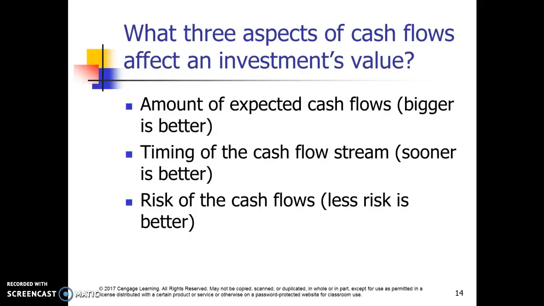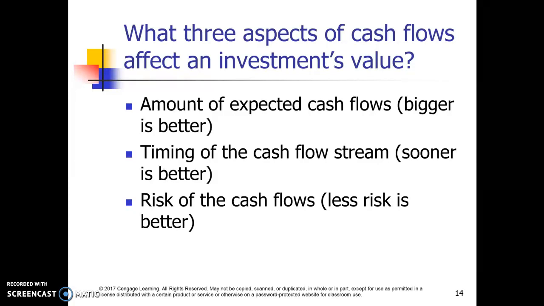All right. Now let's get into cash flow. What are 3 aspects of cash flows that affect an investment's value? Right. So basically, what parts of cash flow impact stock price would be another way to look at this. So the amount of expected cash flows: is it bigger, is it better? Are we selling more? Are we selling new things? Are we selling to different people? Timing, so when is the cash flow coming in?